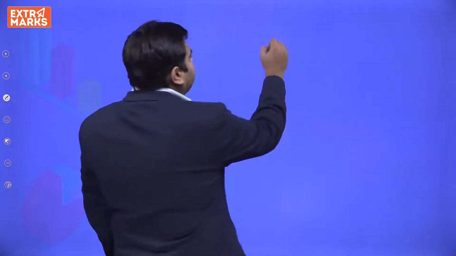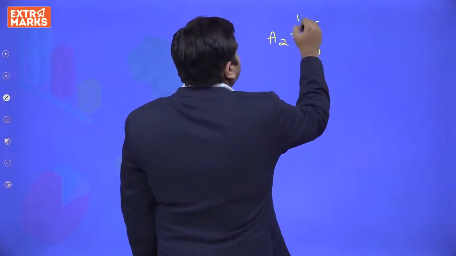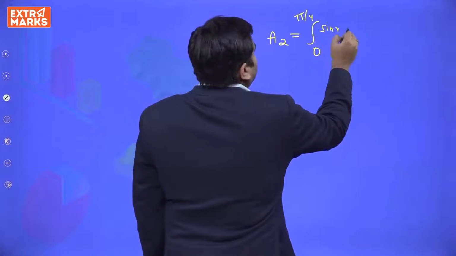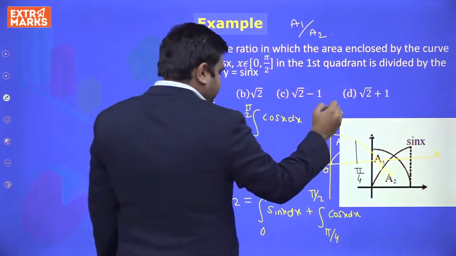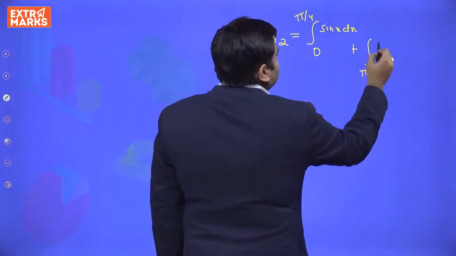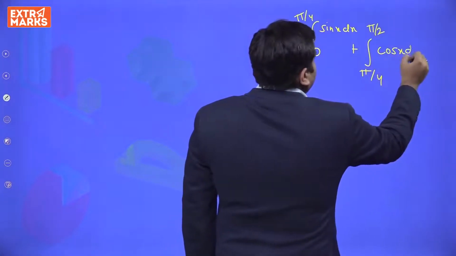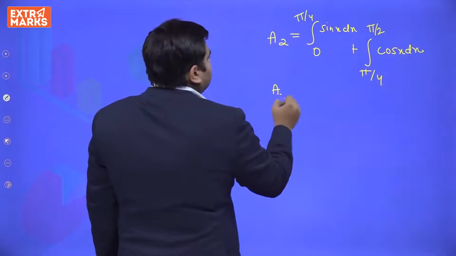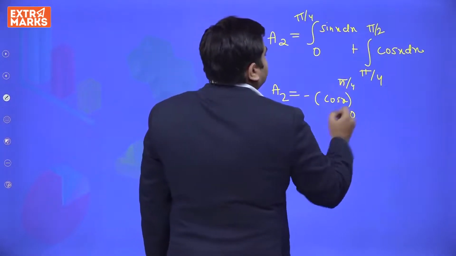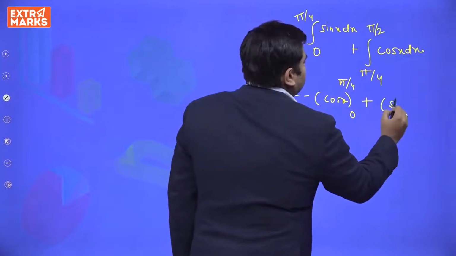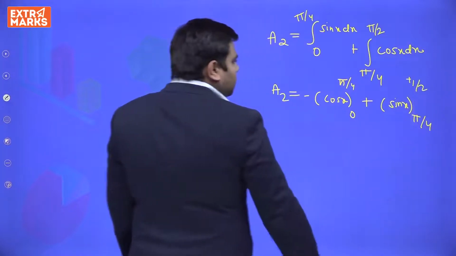So final a2 comes out to be 0 to pi by 4 sin x dx plus pi by 4 to pi by 2 cos x dx. So this is minus cos x from 0 to pi by 4, plus sin x from pi by 4 to pi by 2, right?